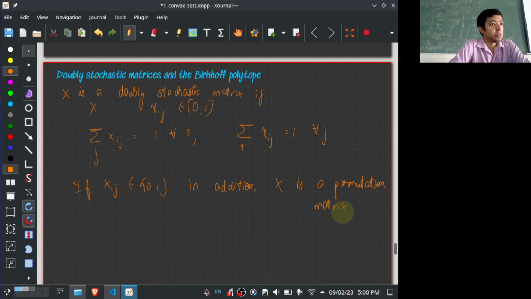Now, if I take a convex combination of permutation matrices, what can you say? Is it going to be doubly stochastic, to be more precise?